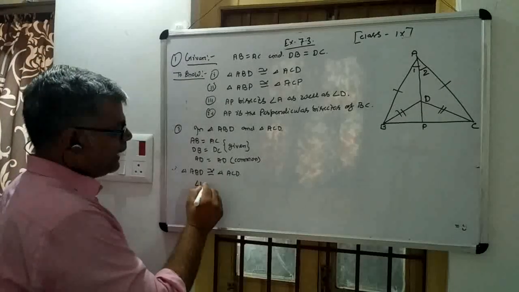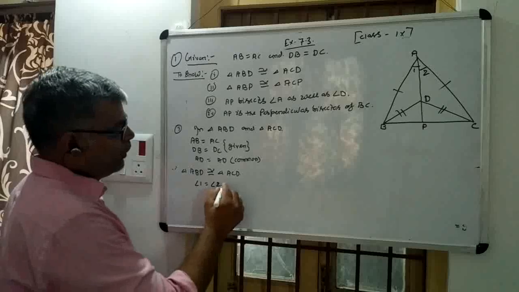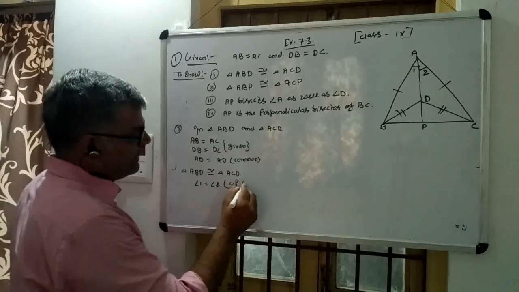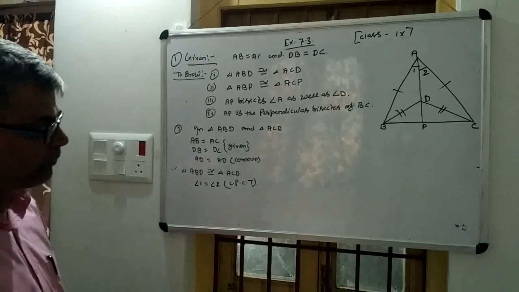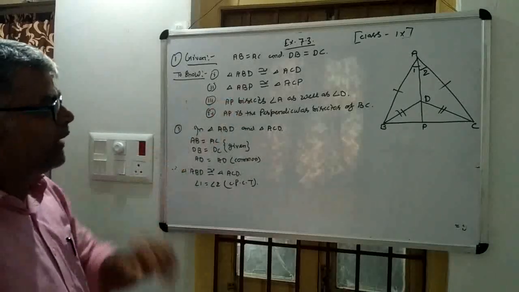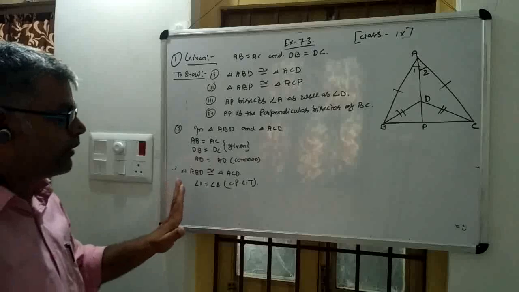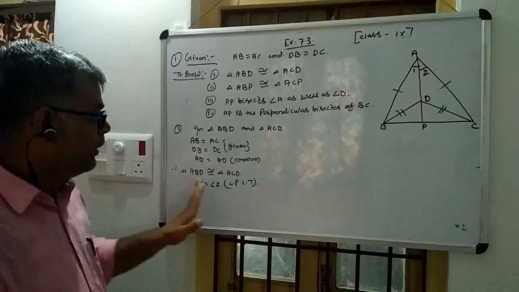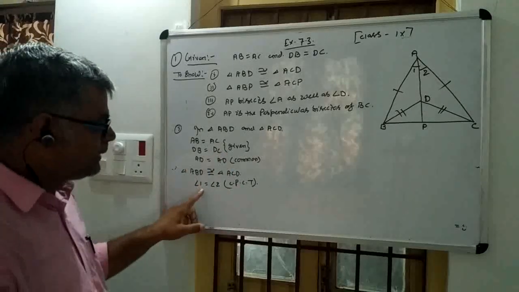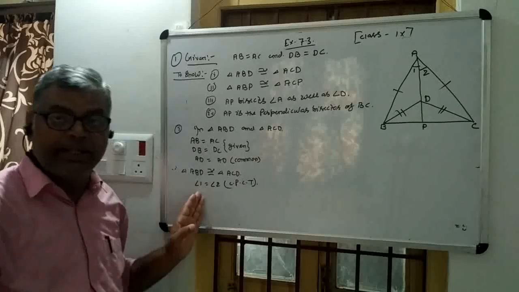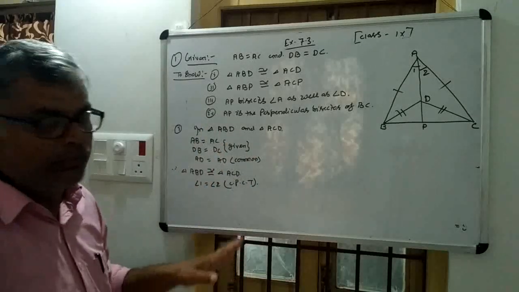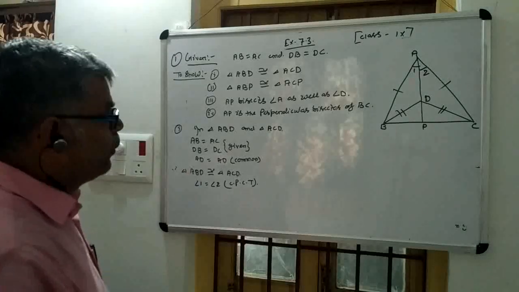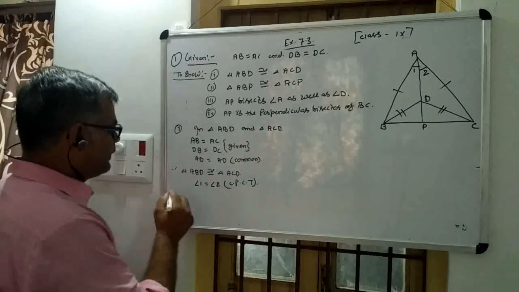So you can write angle 1 equals angle 2 because of CPCT. Now the second part. The first part is over. The first part has been proved congruent, and we have written this result for use in the proof of the second part.